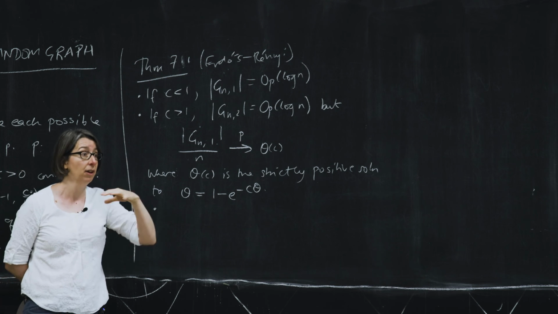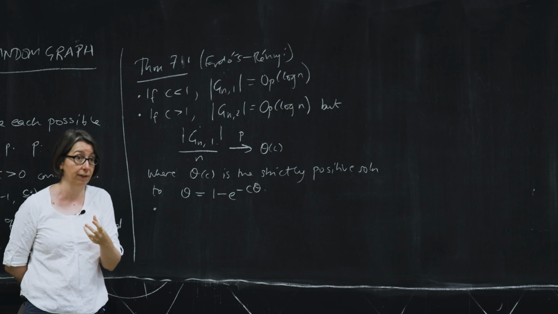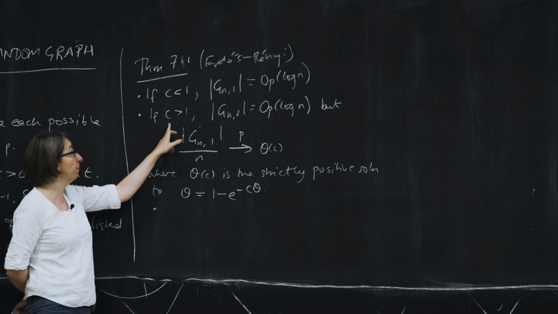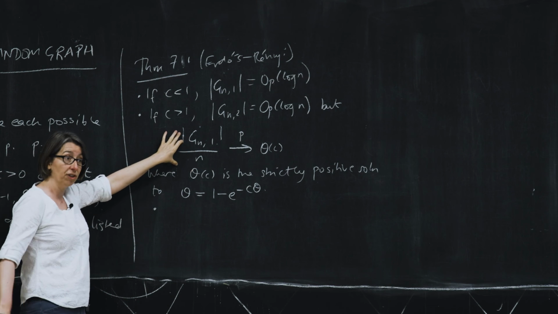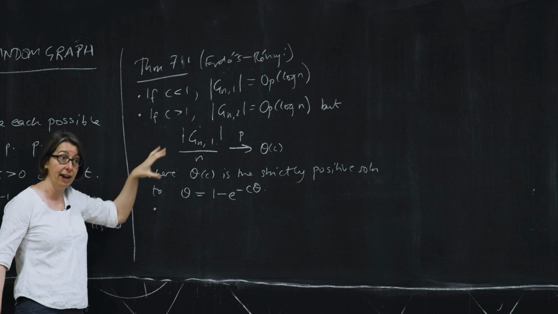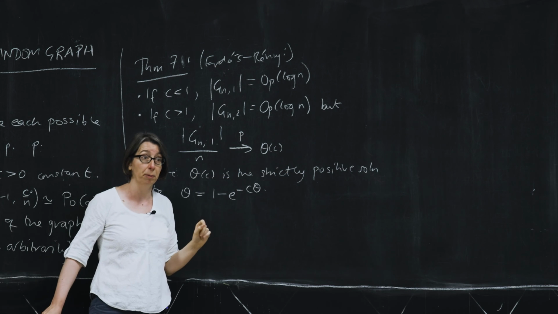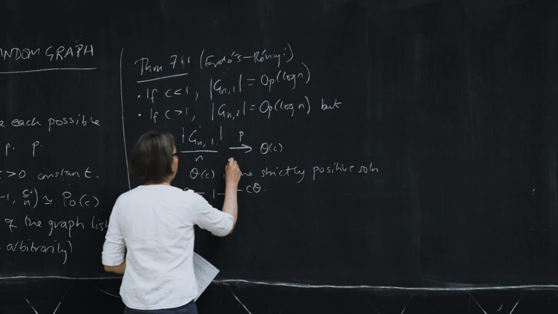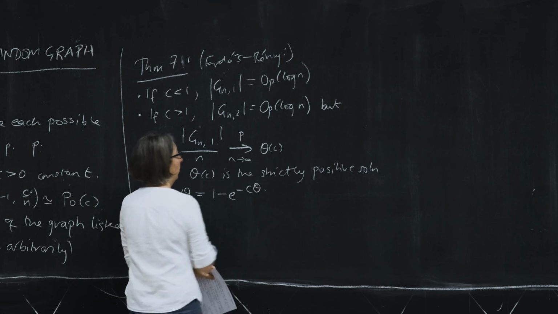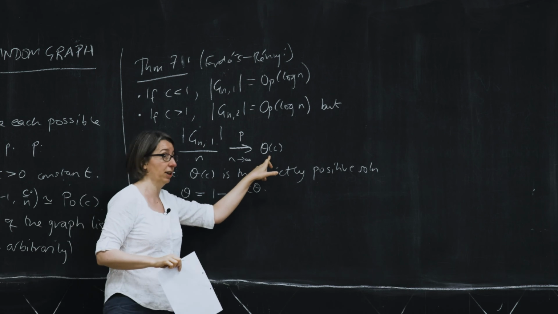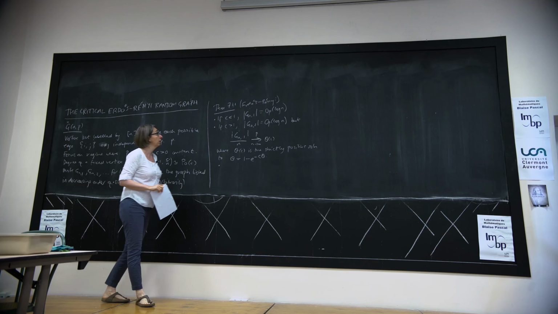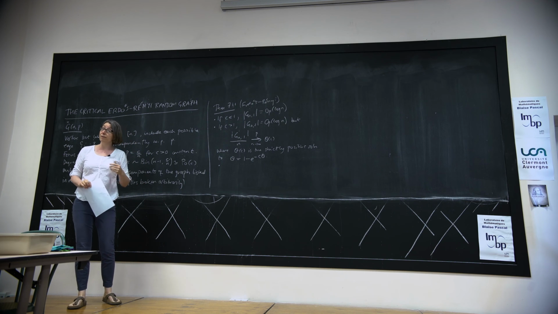None of them contains a positive proportion of the vertices in the graph. Whereas if c is bigger than 1, then the largest component does indeed contain a proportion of the vertices, a proportion which converges in probability as n goes to infinity. For c strictly bigger than 1, this is a strictly positive quantity. And all of the other components are again microscopic, in the same sense as in the subcritical regime.